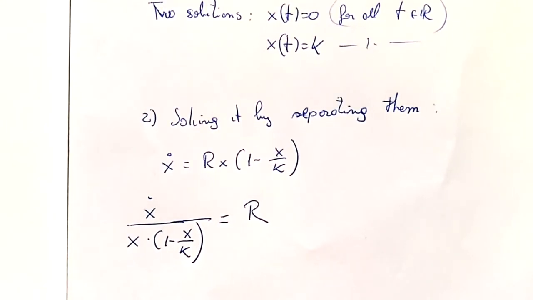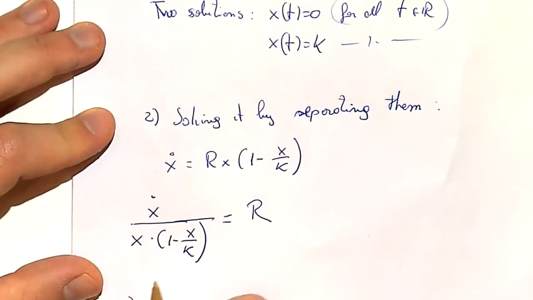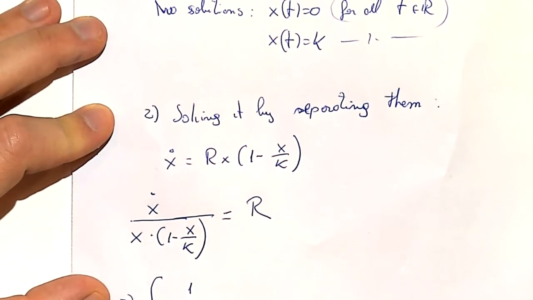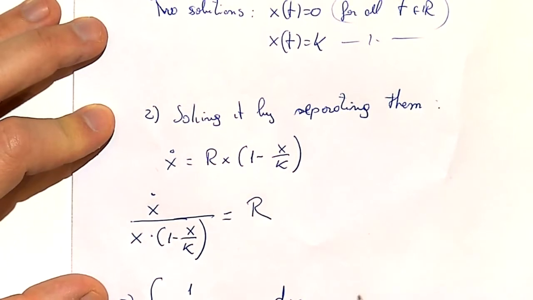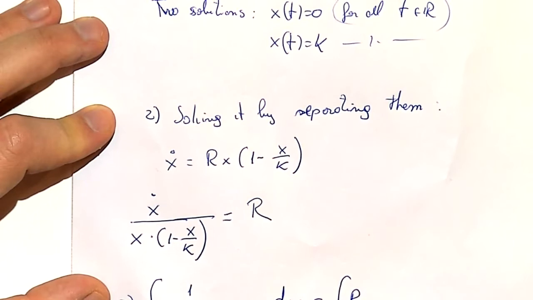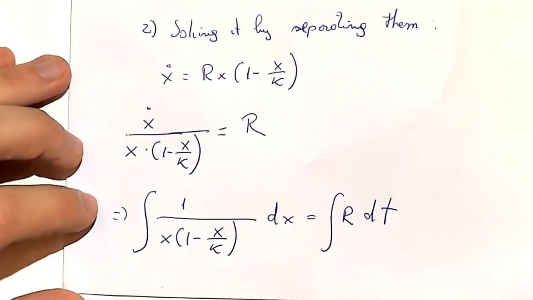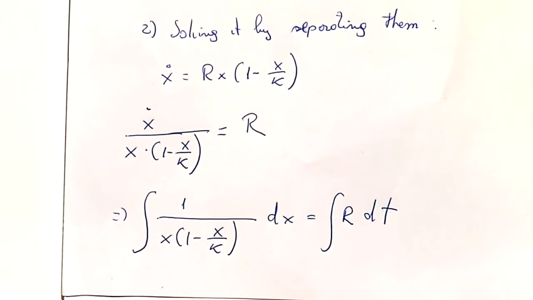And again, this is just equal to the integral of 1 over x(1 - x/k) dx is equal to the integral of r dt. Again, you could have used the formula.